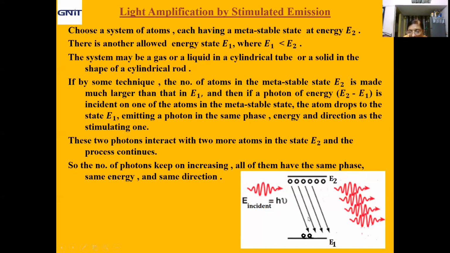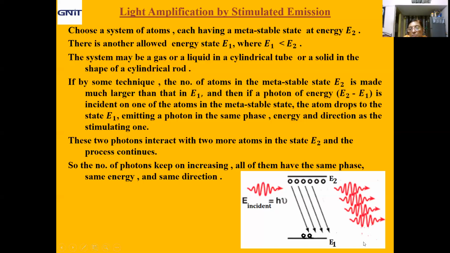If these four can interact with four atoms in the upper energy state, where the number of atoms is maintained much larger than E1 by some means, that means four more photons will come out. So starting with one photon, you are now getting 8 photons.